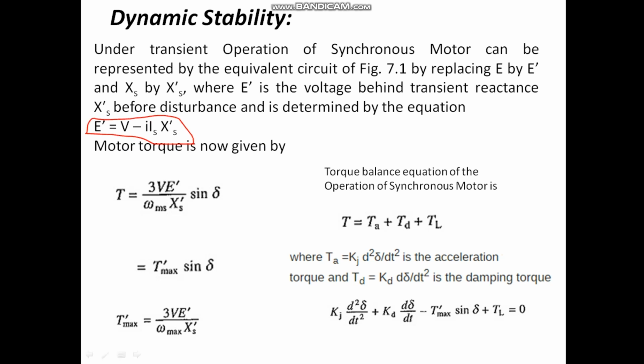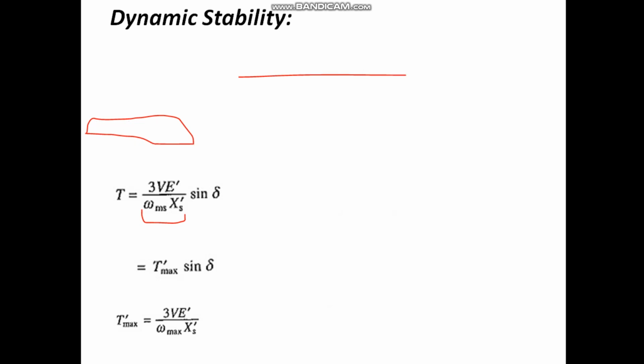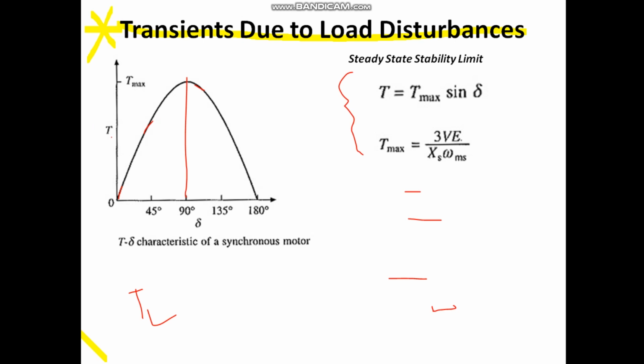Talking about the equivalent circuit of figure 7.1, in figure 7.1 I had drawn the equivalent circuit of synchronous motor. Depending on this, the equation for T was what? T equals T max sine delta, where T max was this.